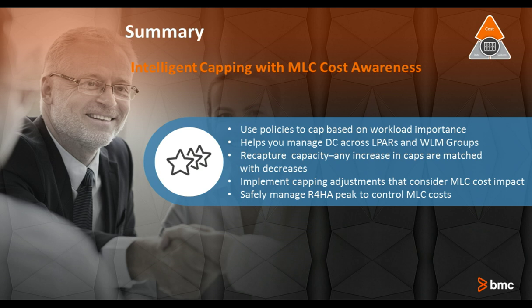I'm able to reduce the overall MSU consumption, reducing my overall MLC bill, and I'm still able to manage the rolling 4-hour average. Remember that the peak rolling 4-hour average determines what my MLC cost will be. So I'm able to reduce that using ICAP, and also reduce the subsystem cost by using the cost limitation feature of ICAP.